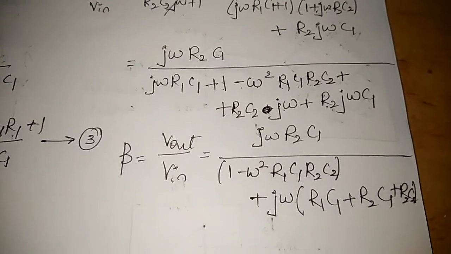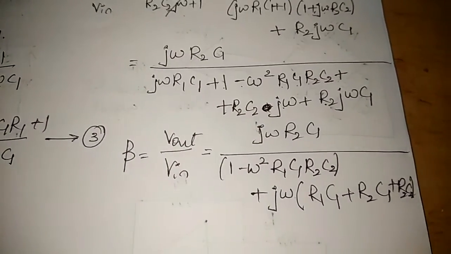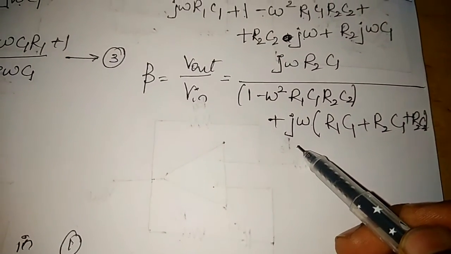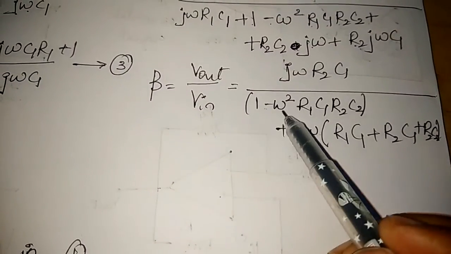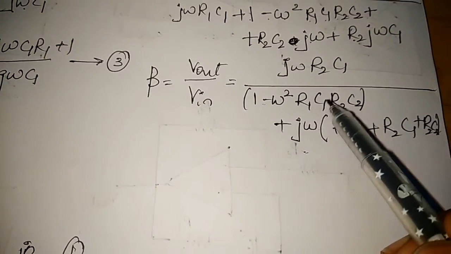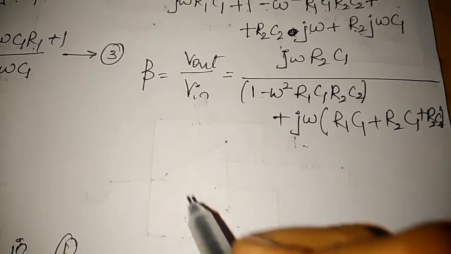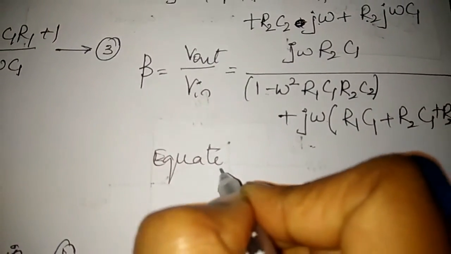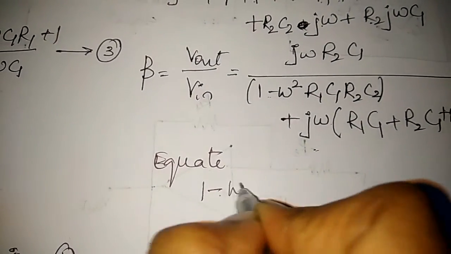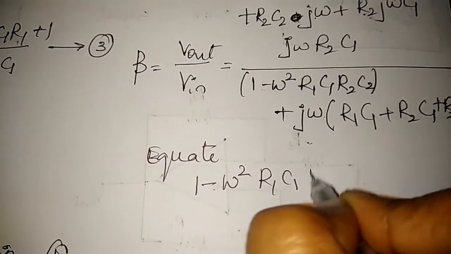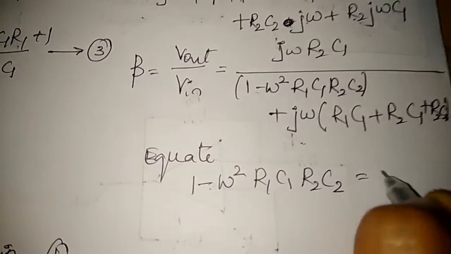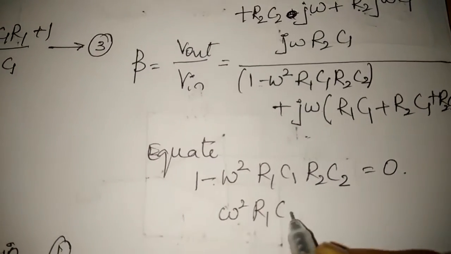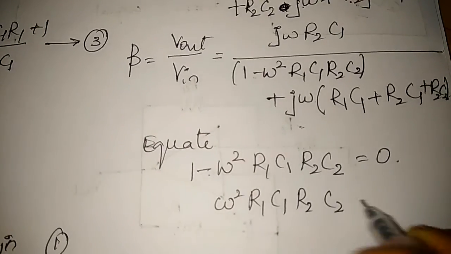To find the resonant frequency, we have to find the equation for frequency, right? So to find the resonant frequency, equate this 1 minus omega square R1C1 R2C2 to 0. So omega square R1C1 R2C2 will be equal to 1.